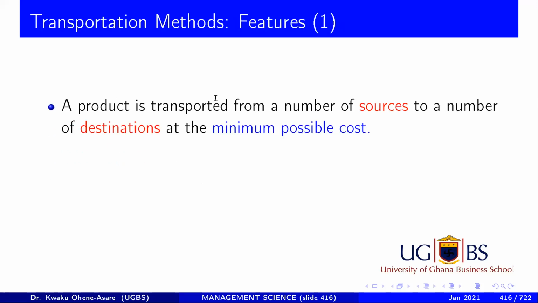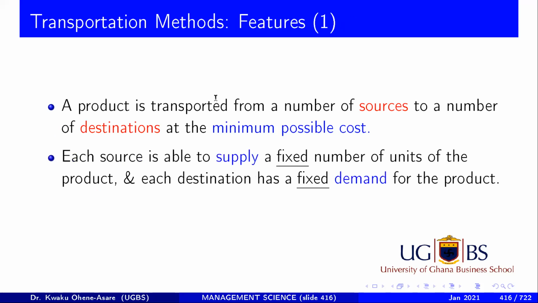So let's look at transportation. The transportation model simply says that we have a product which we are transporting from a source to a destination, that is, from a supply node to a destination node, which is a demand node. And we want to do that at the minimum possible cost.